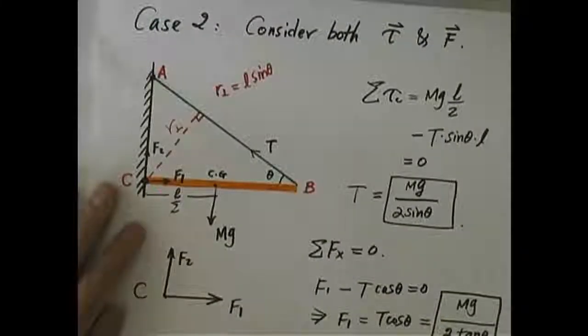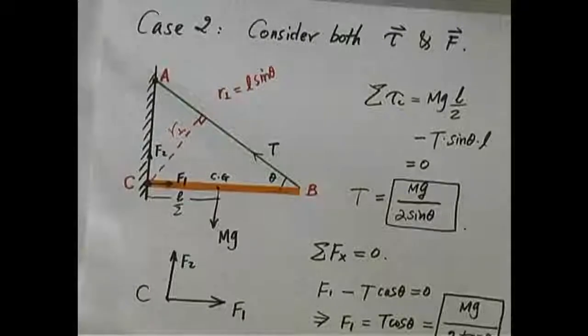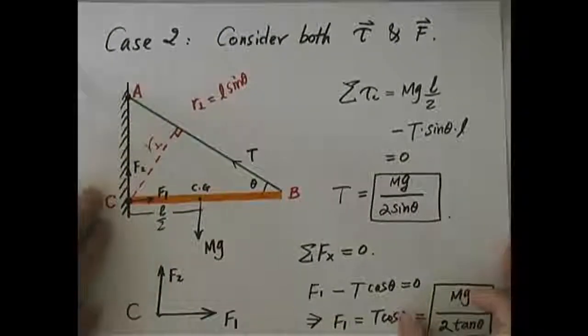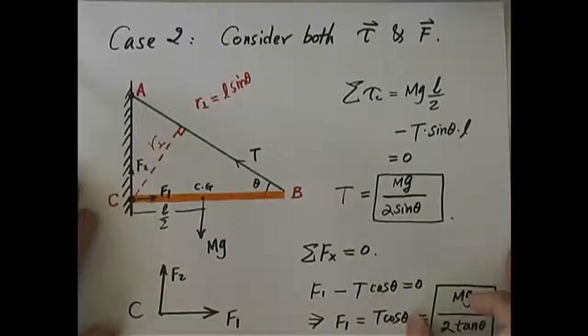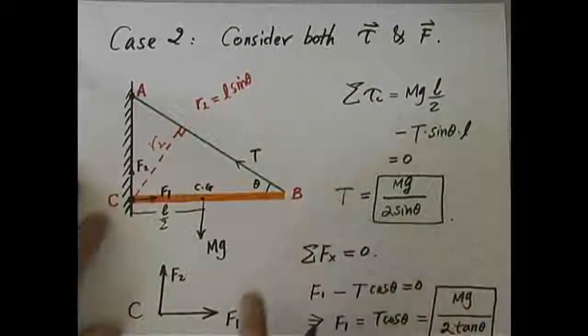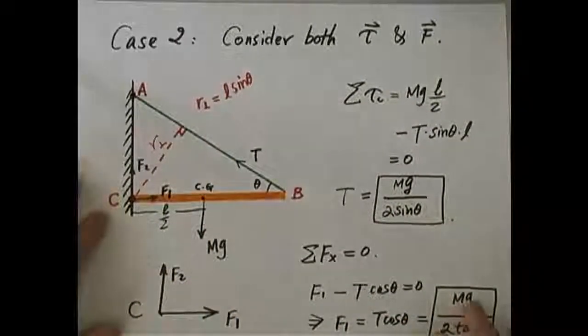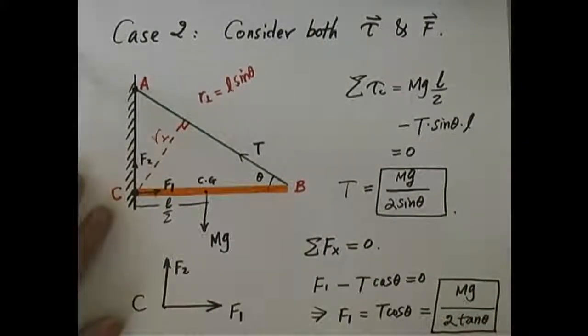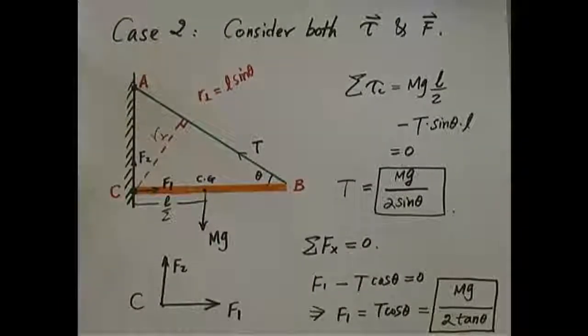Please make sure you know this problem inside and out, not only using just one method. I want you to try all these different methods. Talk about point C, point A, point B, net force equal to 0 horizontally, net force equal to 0 vertically, and I want you to compare notes to see which method is more efficient, is easier. They all give you the same result, but which method is easier and why?